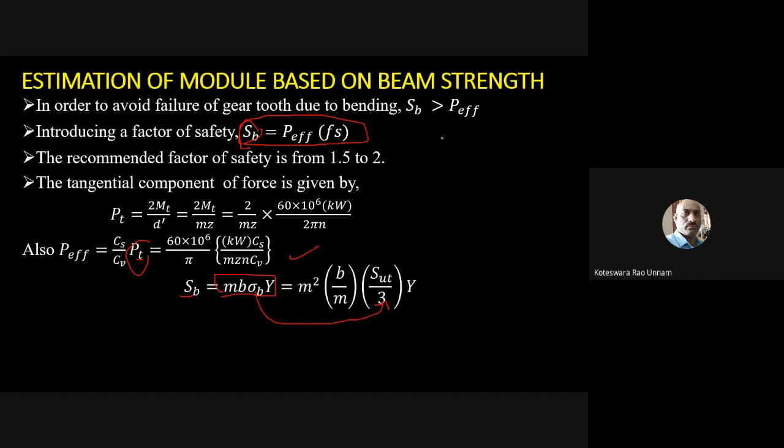Like I said, we always express B is equal to some C times M, so therefore B by M becomes a constant. To introduce that here, I'll multiply and divide this equation by M, so M becomes M square. So I'll modify this equation like this.